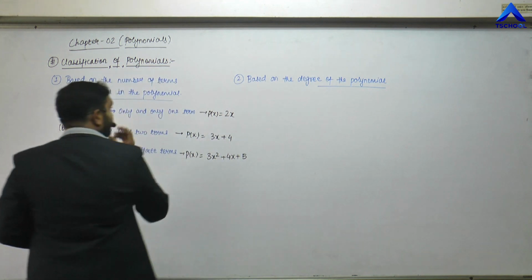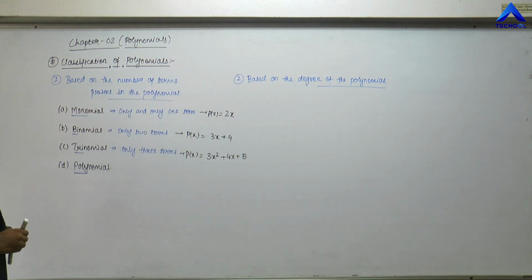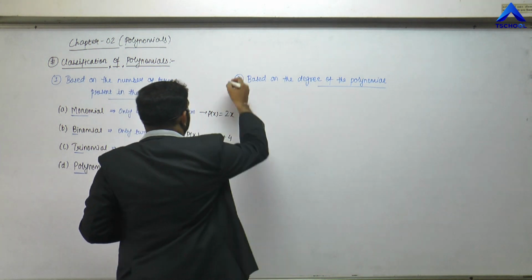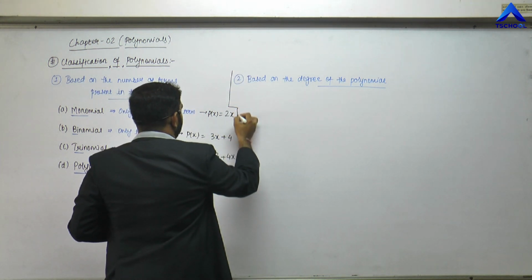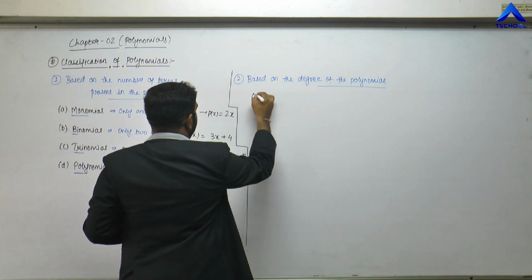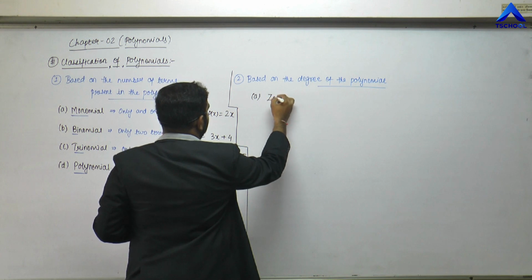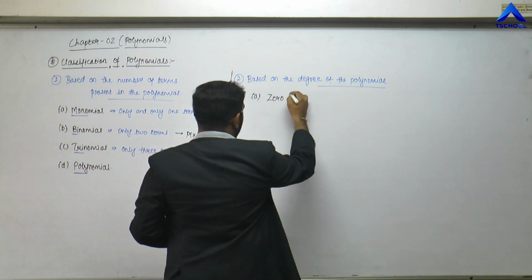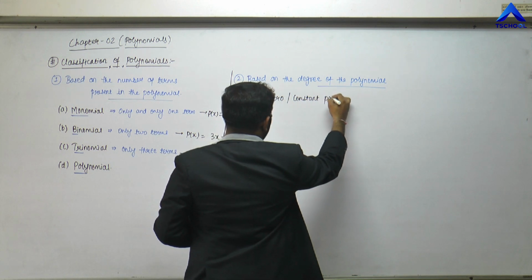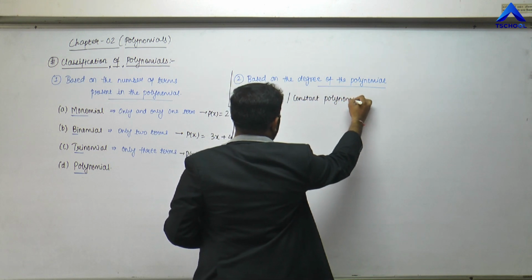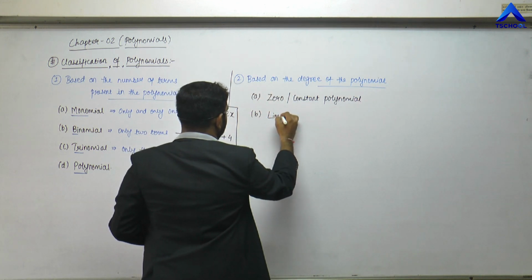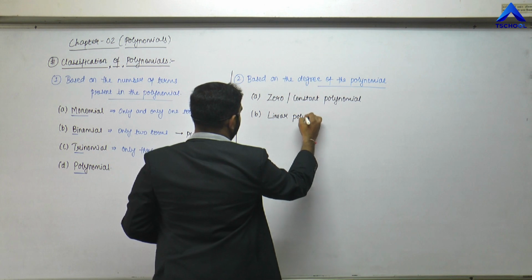So based on the degree of the polynomial, we again have some classification here. Let me draw a line over here. The first one is a zero polynomial, or a constant polynomial. Then the second one is the linear polynomial.